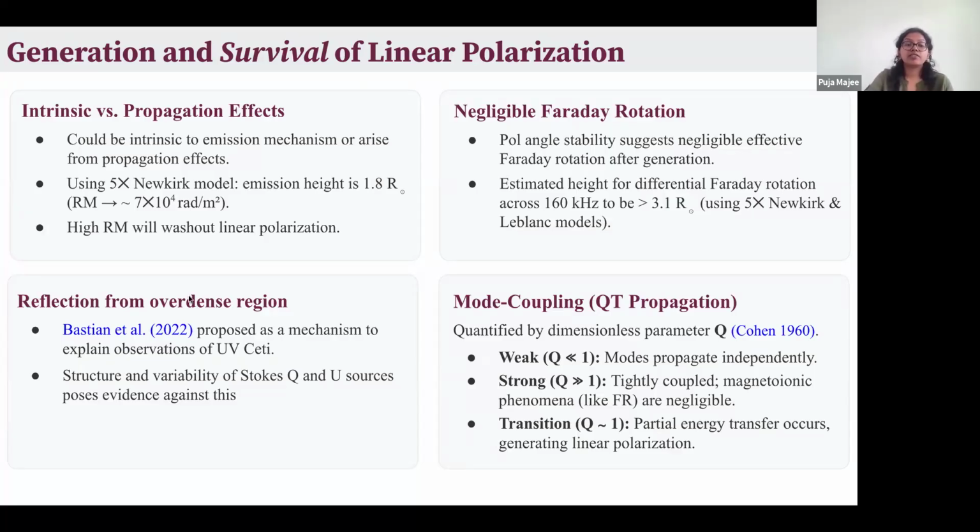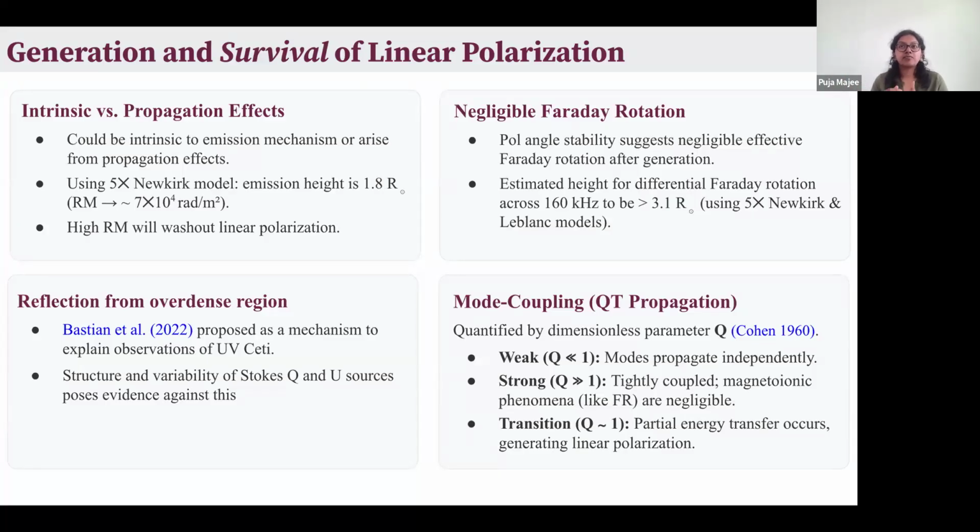One is reflection from an overdense region, which means that if the emission occurred while propagating, it has been reflected from an overdense region at a higher height, reflected at a Brewster angle, and therefore the linear polarization originated and we see it.